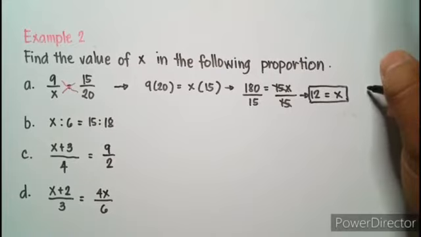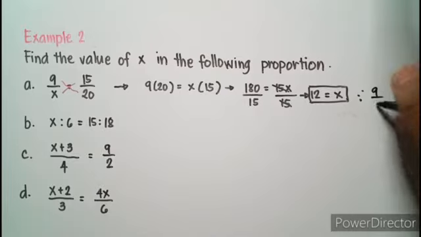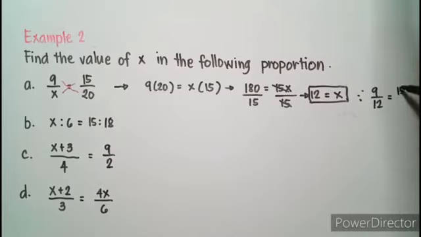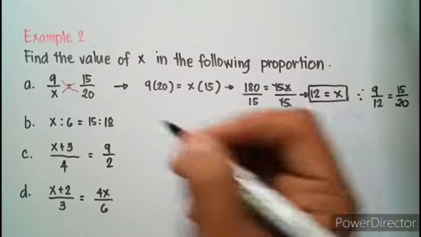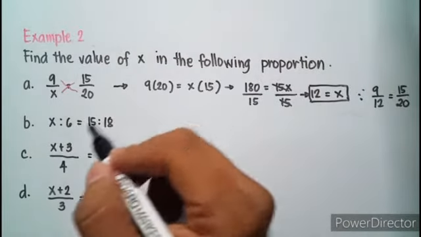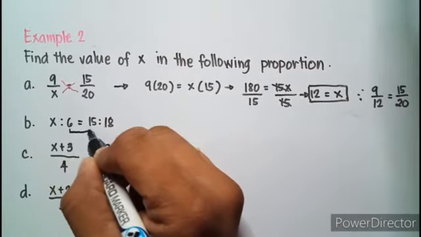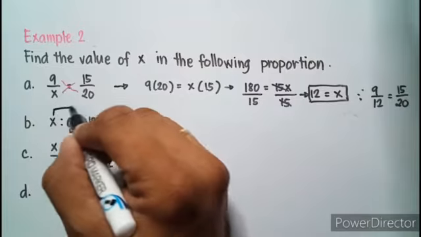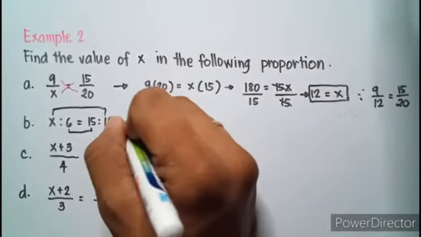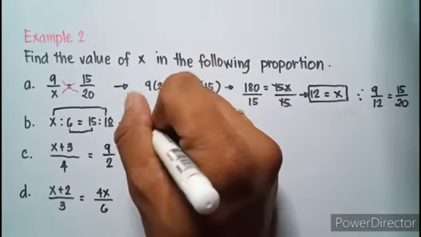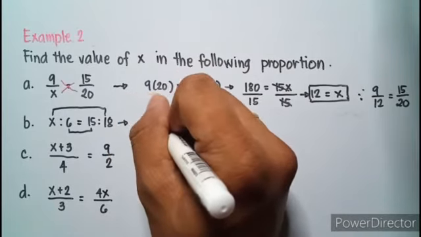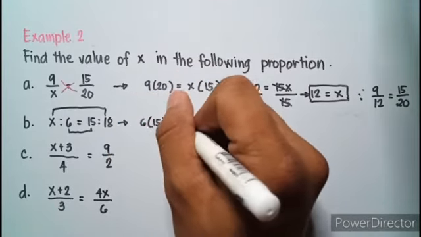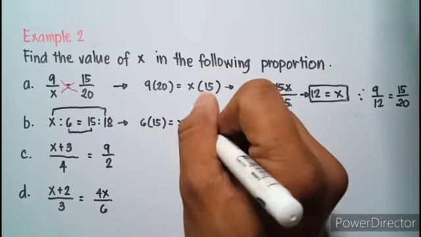So therefore 9 over 12 is equal to 15 over 20. Number 2. For number 2, we will just multiply our means and our extremes. So this is equal to 6 times 15 is equal to x times 18.